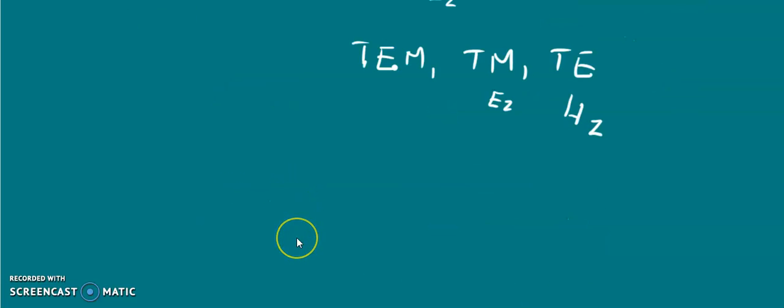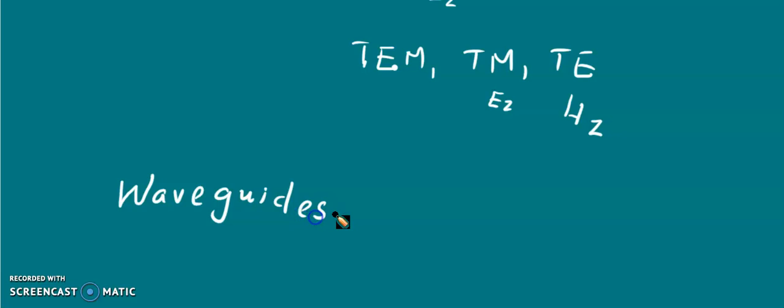And the transmission lines are not the only waveguiding structures. There are other waveguiding structures as well. So, the waveguiding structures are generally called waveguides. And the transmission lines are a special type of waveguides and which pass TEM through it. The other waveguides will not pass transverse electromagnetic waves through them. So they can only pass TM and TE mode.